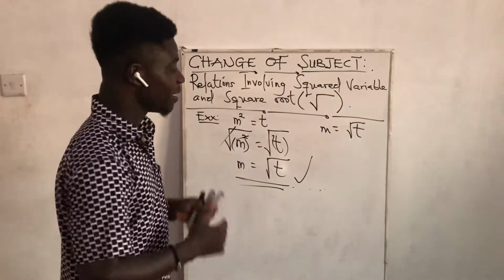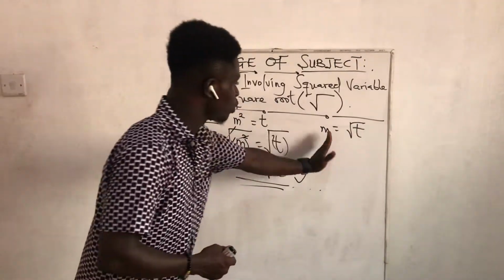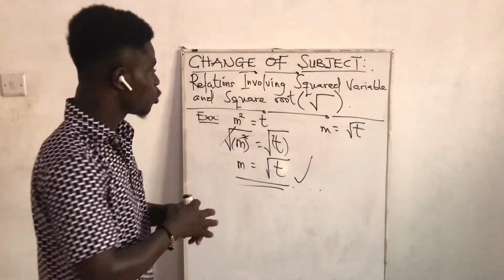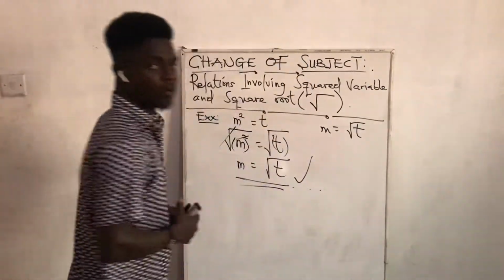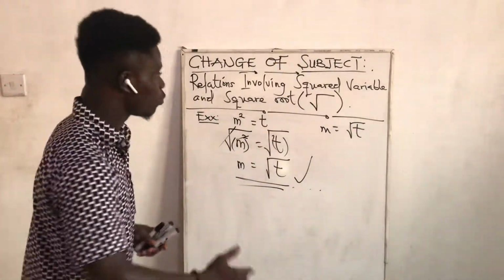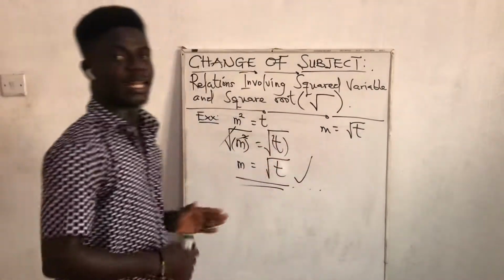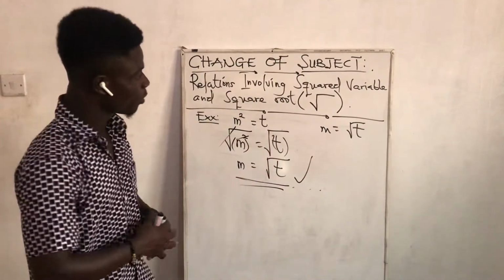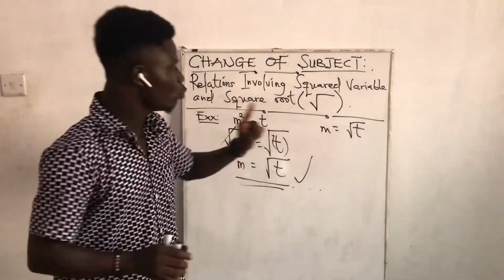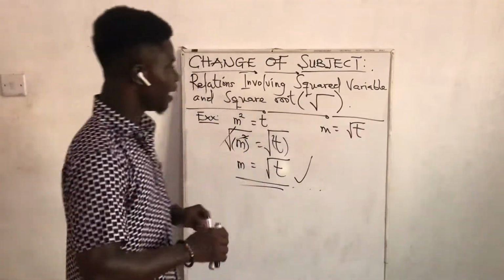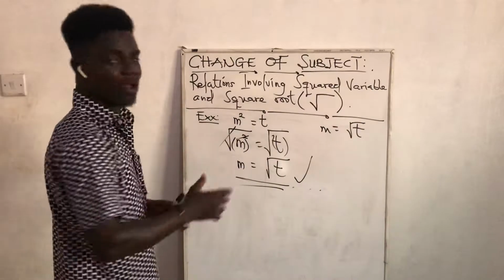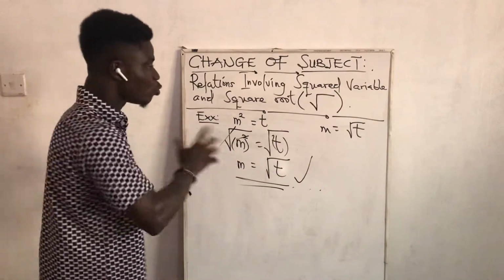I've told you that in mathematics, whatever you do to the left hand side, make sure to do the same thing to the right hand side. Or whatever you do to the right hand side, make sure you do the same thing to the left hand side. So if you want t but not square root of t, then you have to square both sides.